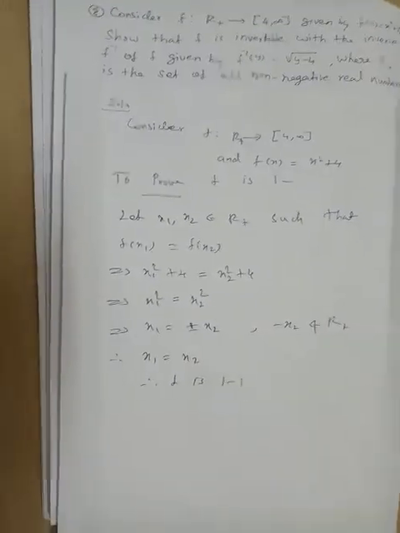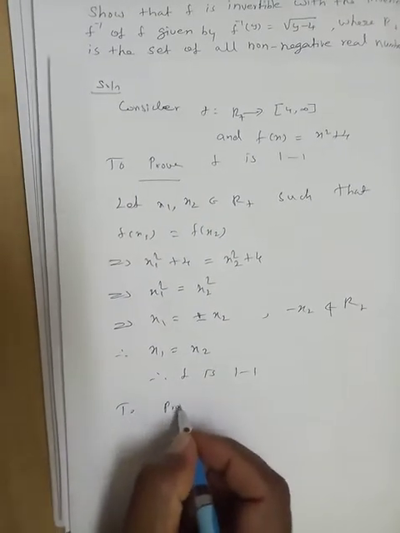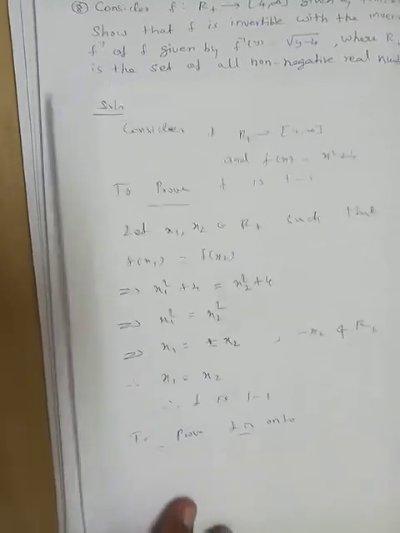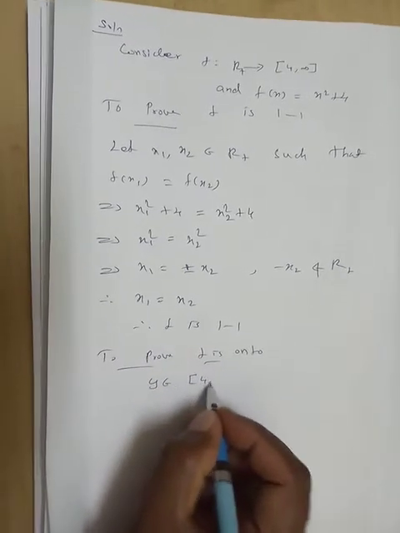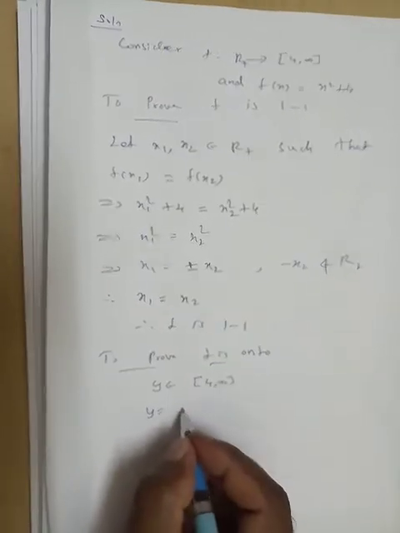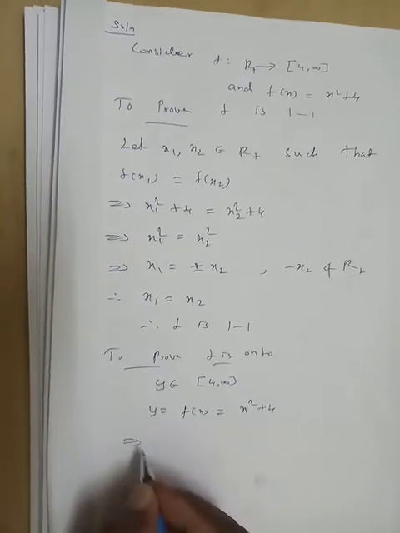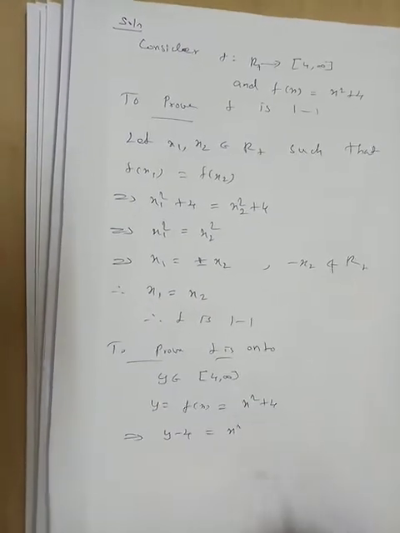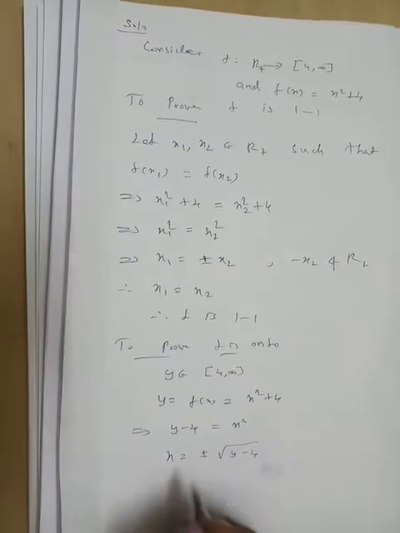Next we want to prove f is onto. To prove f is onto, let y belong to [4, infinity), then y is equal to f of x equal to x square plus 4, which implies y minus 4 equal to x square, x is equal to plus or minus root of (y minus 4).